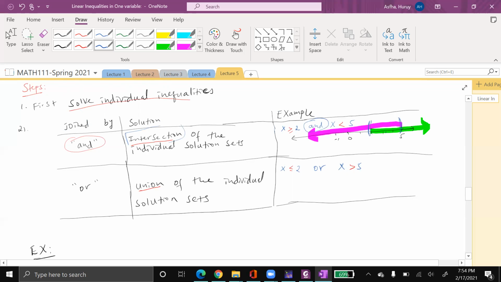I put this line on top of the green one so that we can see it easily, but normally they overlap, one over the other. So the intersection of these two is the interval between 2 and 5. So using interval notation, the first one is 2 to positive infinity.